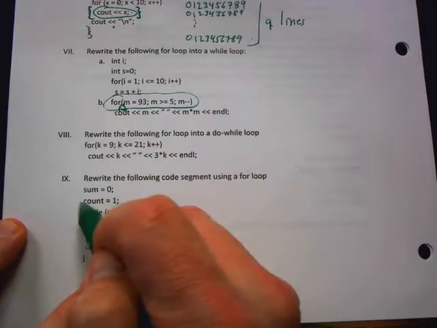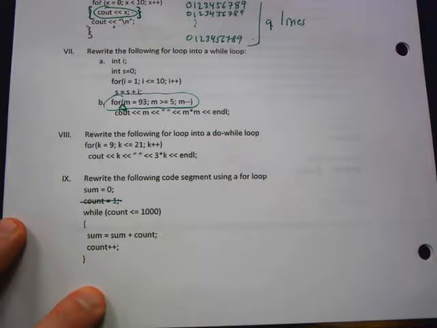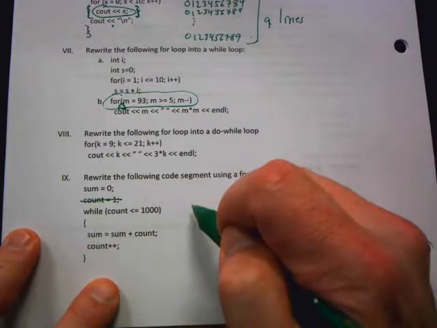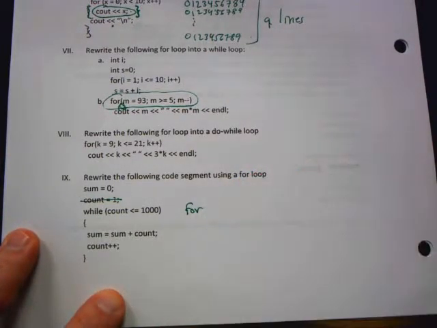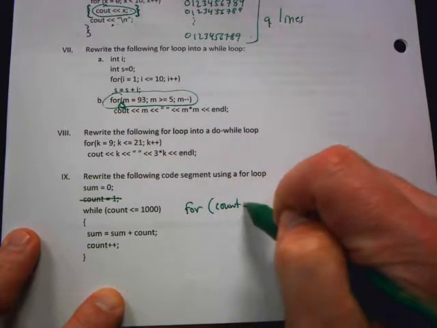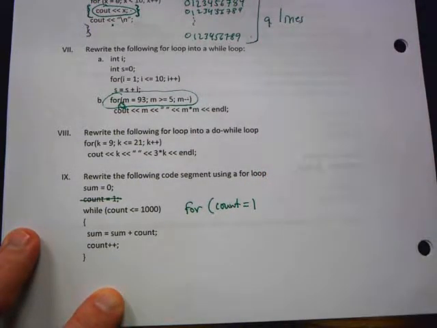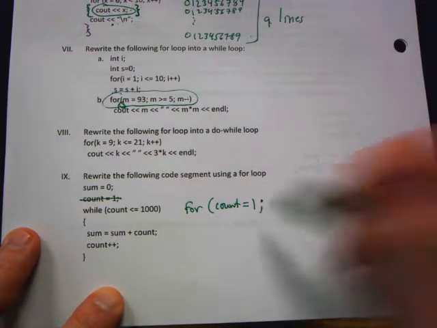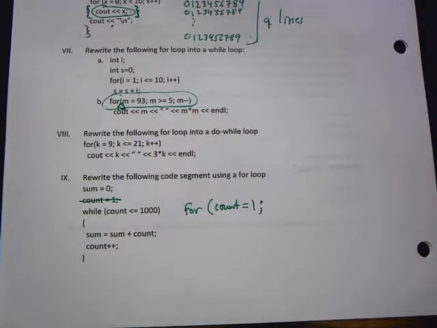Well, we wouldn't need that line, would we? So instead of the while, we would have the word for, and we could increment it right there, or start it right there, initialize it right there. Semicolon, I remembered this time, I didn't put a comma.